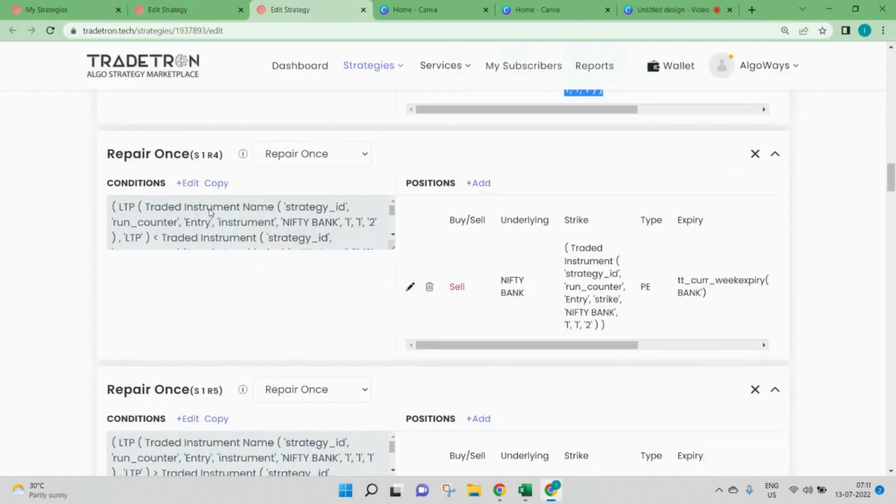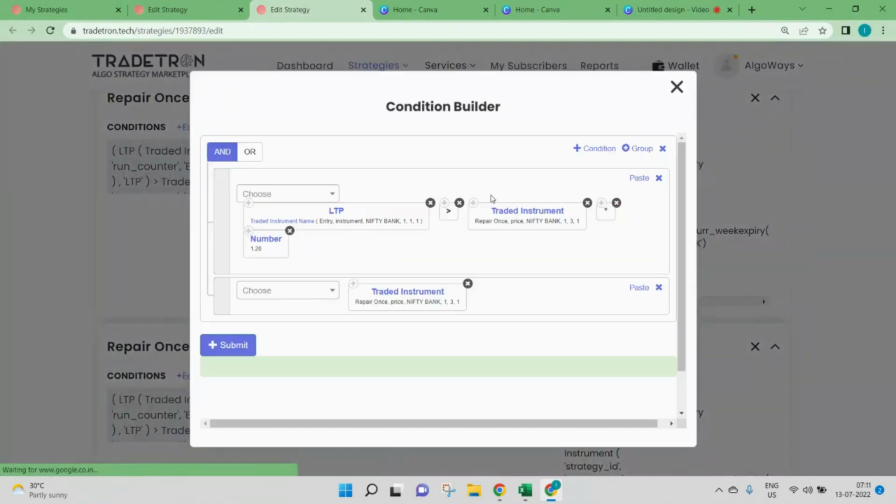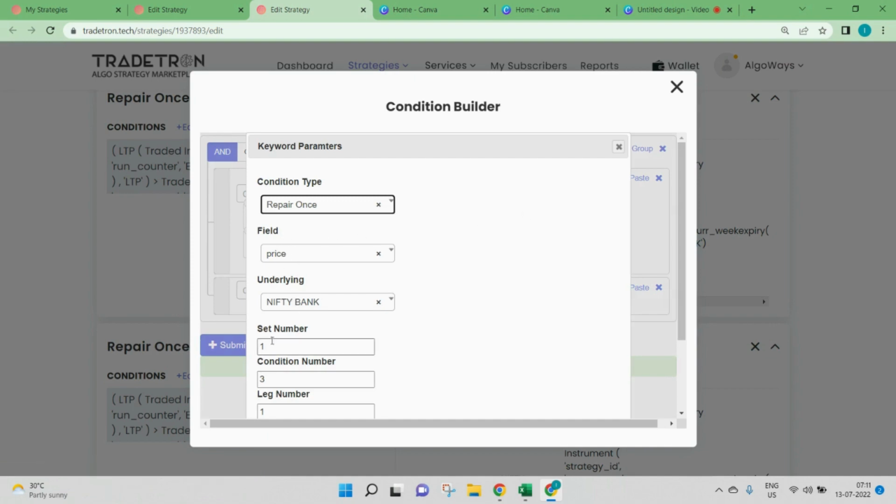So how to put that? Now I am taking the LTP of the CE is greater than the entered price through repair 3, which is the re-entry of call option, into 20%. Right? In case you want to keep the stop loss same as the original stop loss, then the LTP of CE is greater than, we can keep your traded instrument, set 1, condition 1, and leg 1.